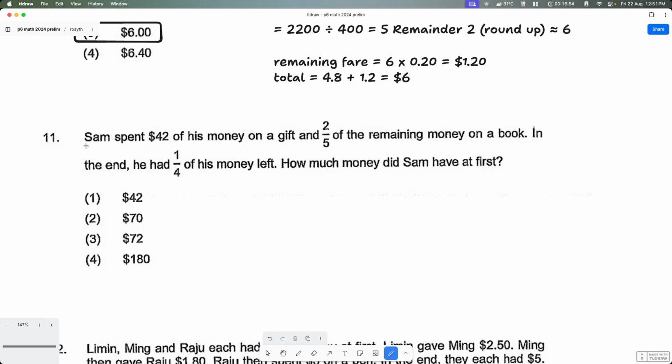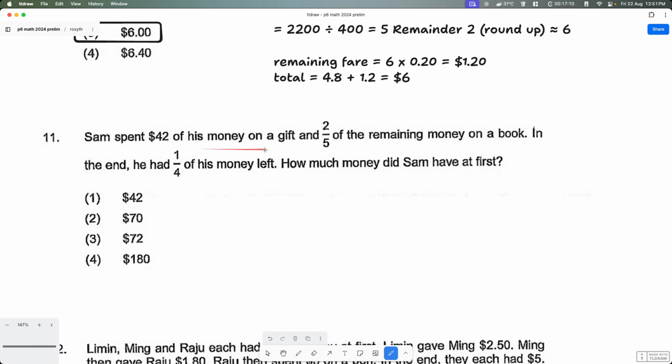Question 11. Sam spent $42 of his money on a gift, 2/5 of the remaining money on a book. And in the end, he had 1/4 of his money left. How much did Sam have at first? All right.